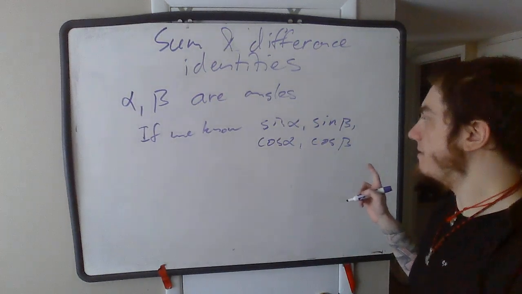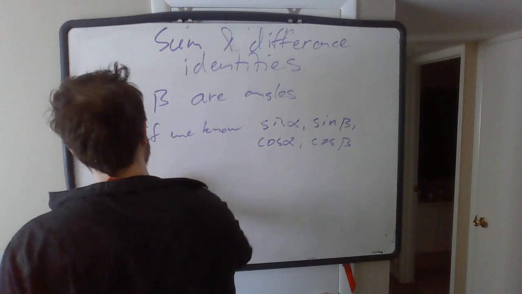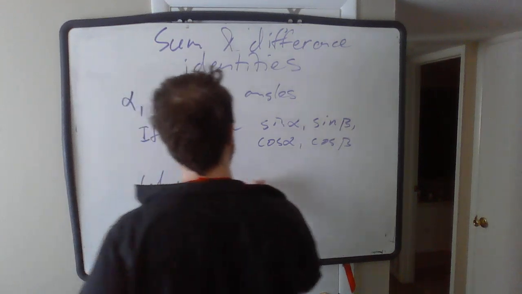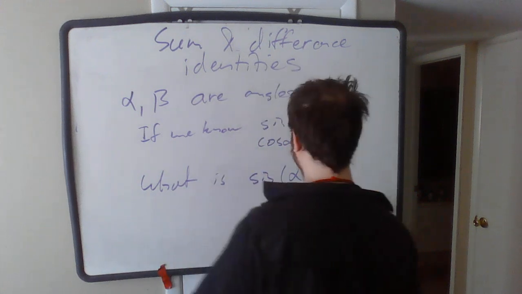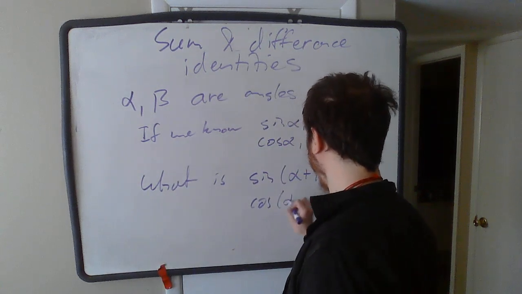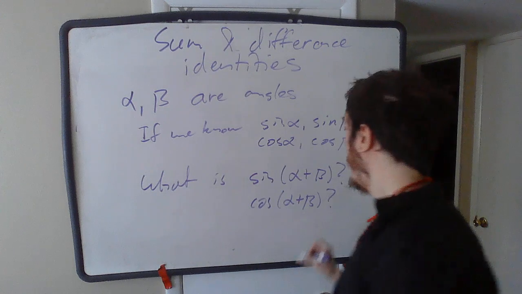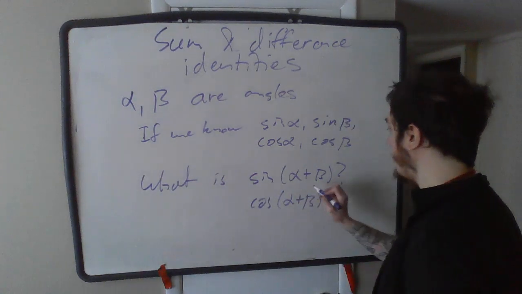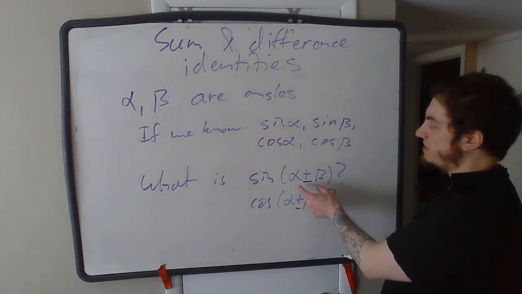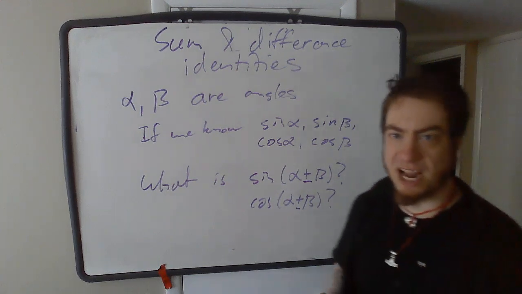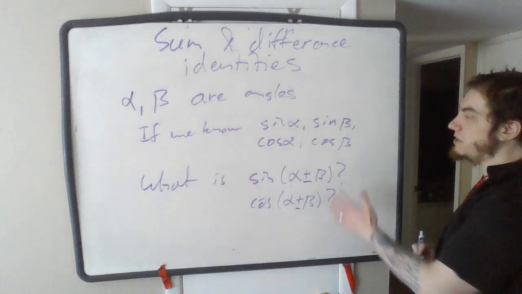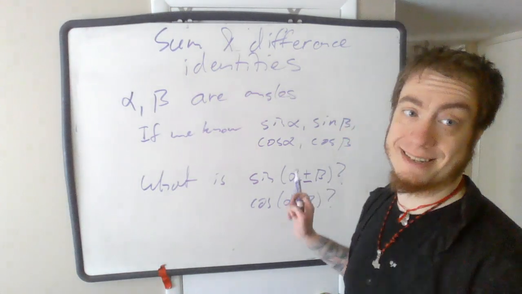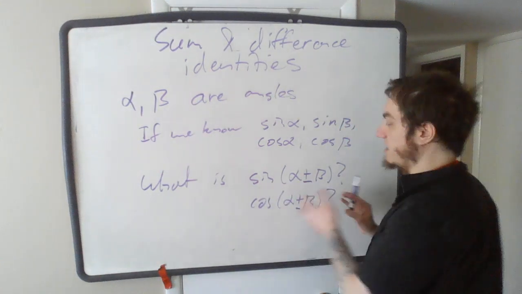Then can we say something about what is the sine of alpha plus beta, or the cosine of alpha plus beta? And the same thing we could do if we wanted to do minus. So what if we wanted to take the difference of these angles instead of their sum? Okay, so we want to establish something that we can say about what these values are.